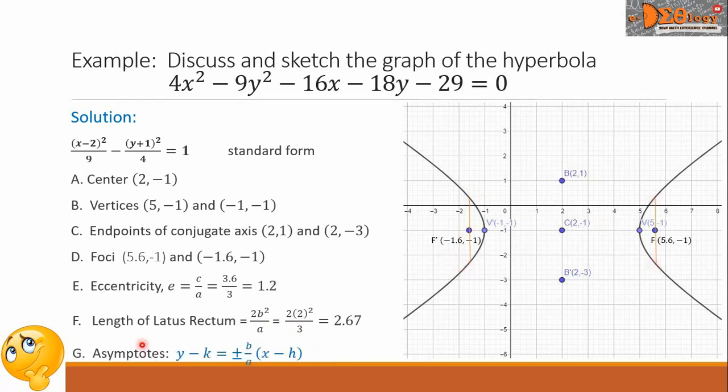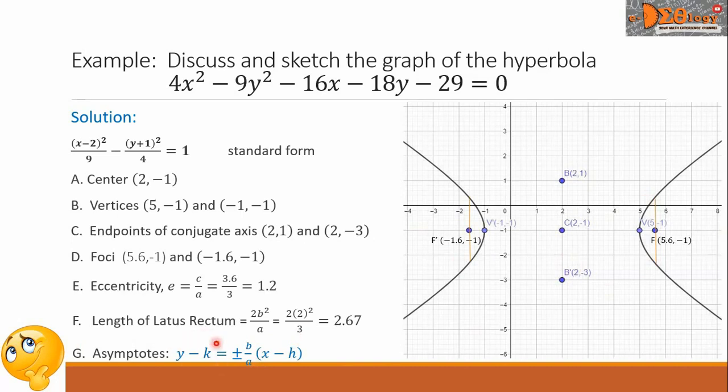Next are the asymptotes. Since the transverse axis is parallel to the x-axis, we are going to use this formula: y minus k equals plus or minus b over a times the quantity x minus h.